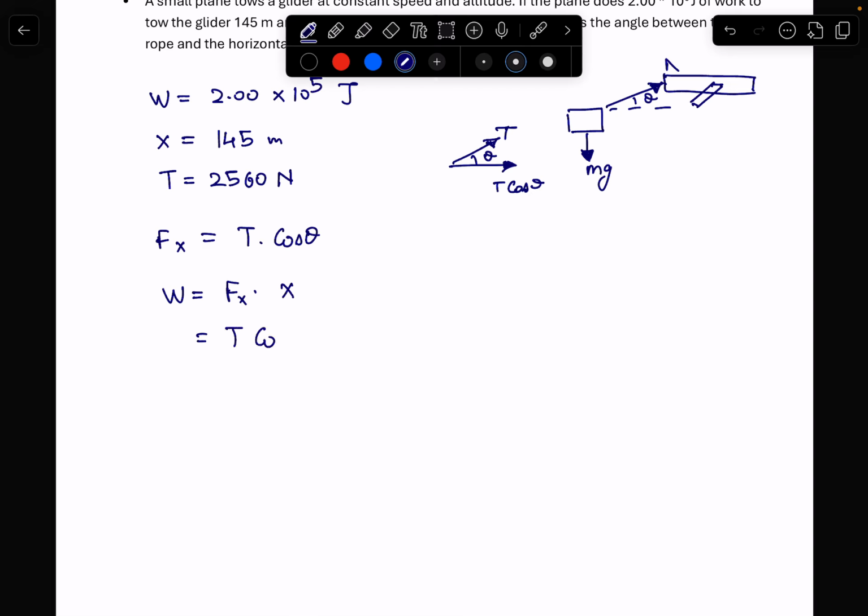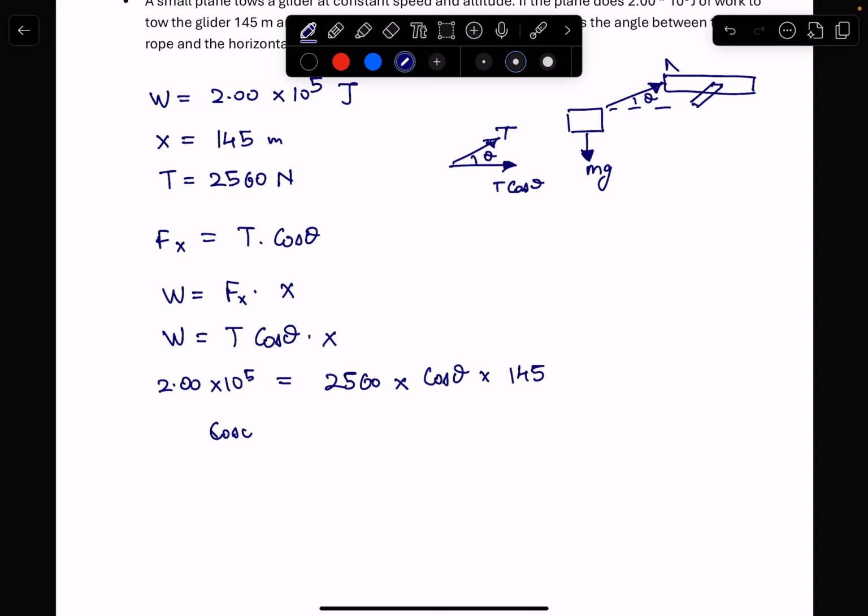So that's T cosine theta times x. Now I'll just substitute the values. 2560 times cosine theta times 145. So can I find the value of cosine theta here?